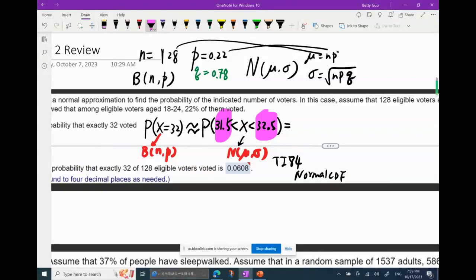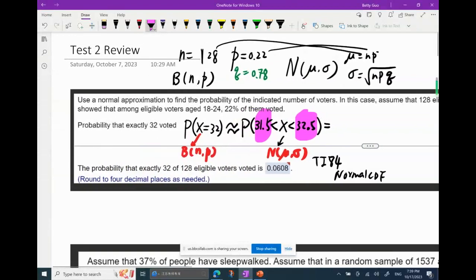By the way, your calculator might be a little bit different from mine. Once you get familiar with the calculator, you will know how to enter the data. And then paste. What do you have, guys?